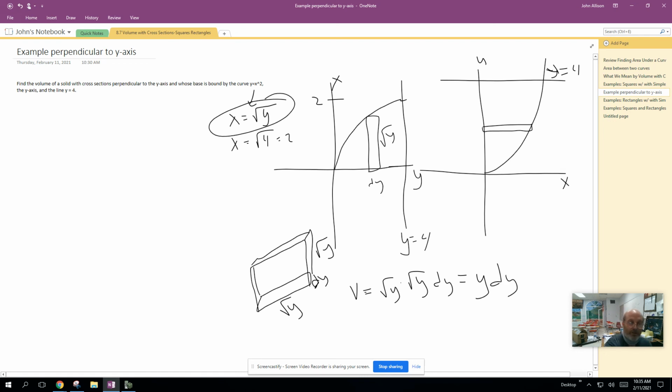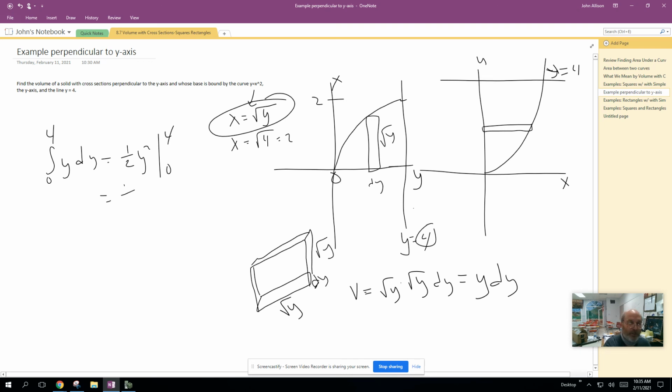So we're going to integrate to find the sum of all of those volumes. We integrate that from y equals 0 to y equals 4. This is y dy. We know the antiderivative of y is 1/2 y squared. Evaluate that from 0 to 4.